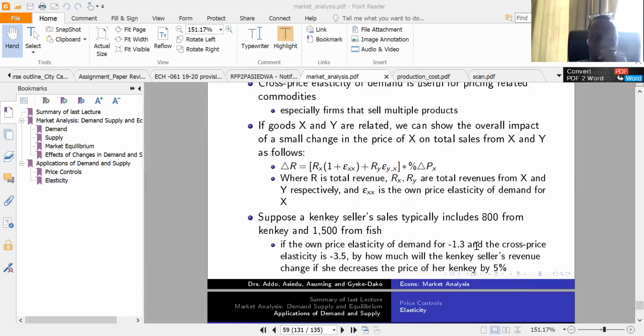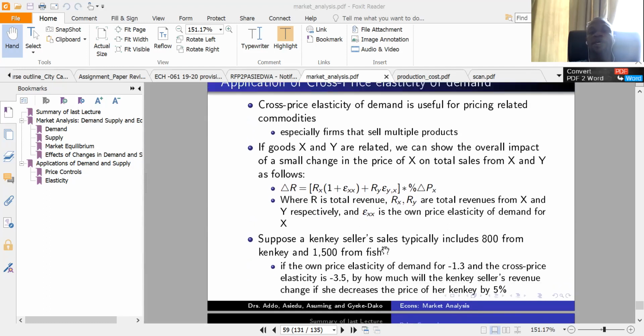Okay, so let's take an example. Suppose a Kenke seller's sales typically include 800 from Kenke and 1,500 from fish. So he knows that he gets 800 Ghana cedis from Kenke every day, and 1,500 from fish.